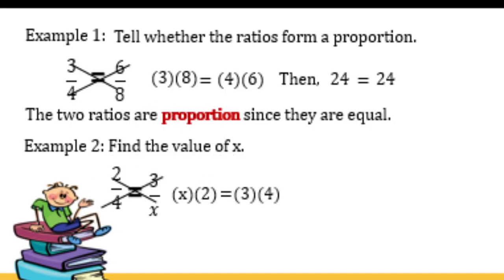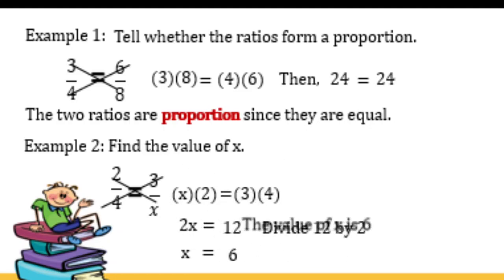So x times 2 is equal to 2x, equals 3 times 4 is 12. And then divide all terms by 2. So 2x divided by 2 is equal to x, and 12 divided by 2 is equal to 6.